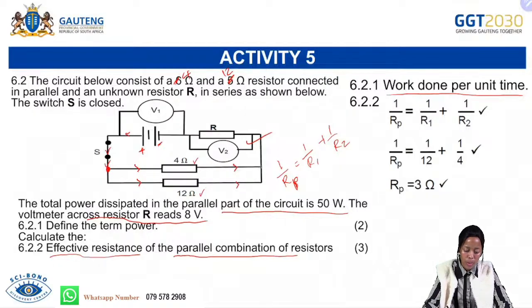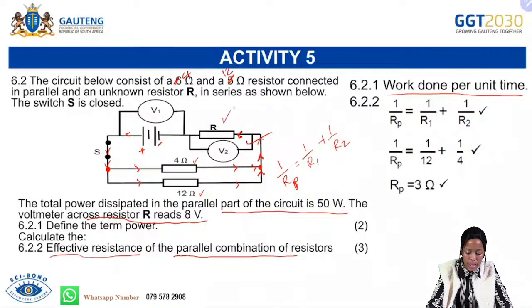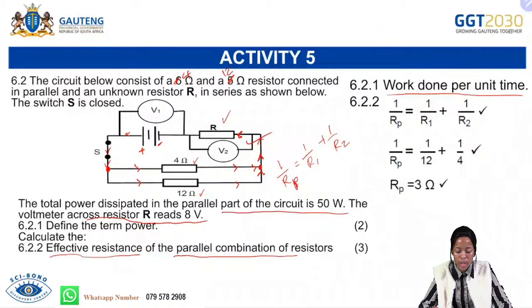But now let's see what happens to the current after the two resistors. So now the current will continue. It will get to this point, and then it will get to this point until we have the total current coming from the 4 ohm and the 12 ohm coming together there to give us the total current. So when it goes out there, it will go until it gets to the resistor R, which is unknown there.